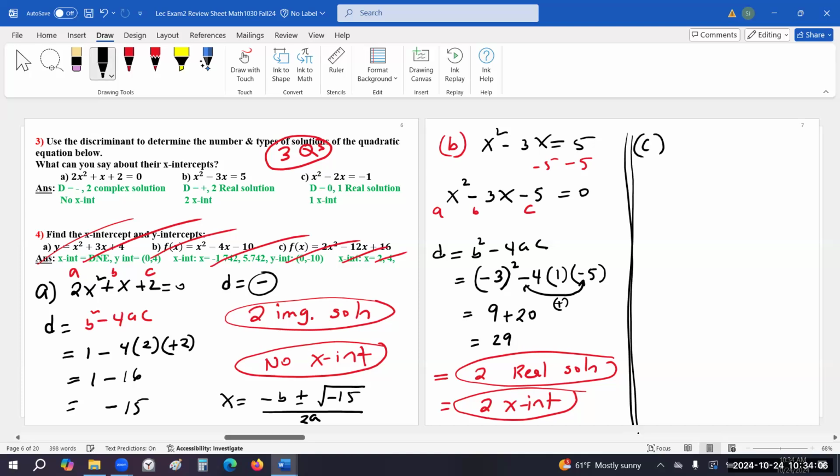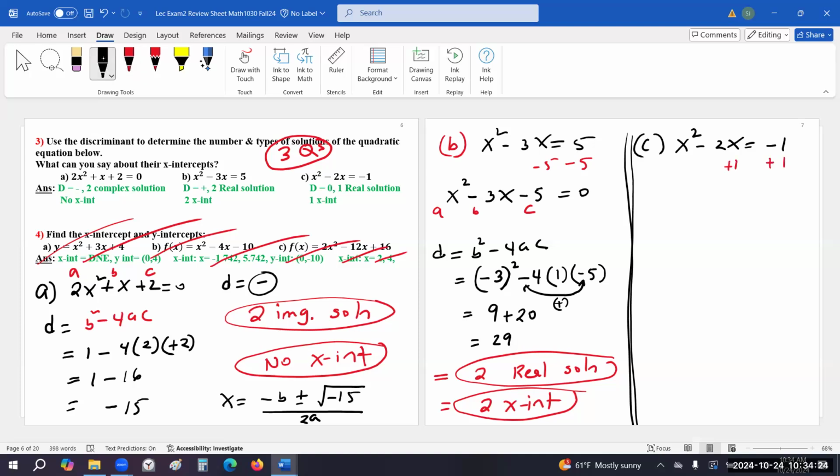C. x squared minus 2x equals negative 1. Can you go and find the discriminant directly from here? We cannot. We have to add 1. Our C is lonely.